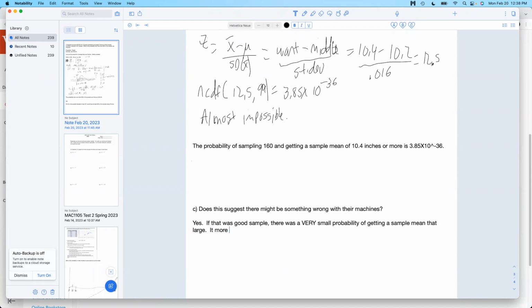It was more likely a bad sample, meaning there's probably something wrong with the machine.